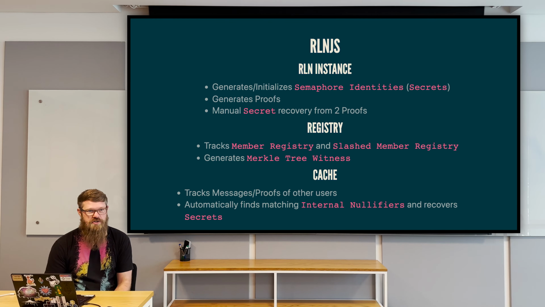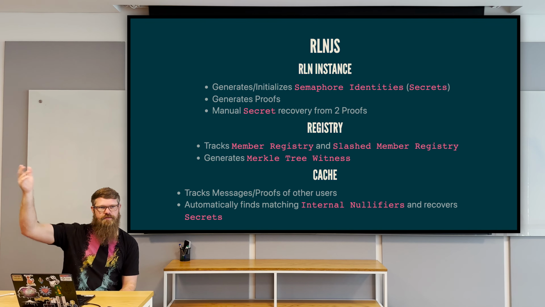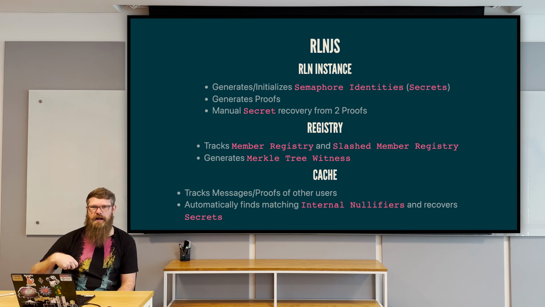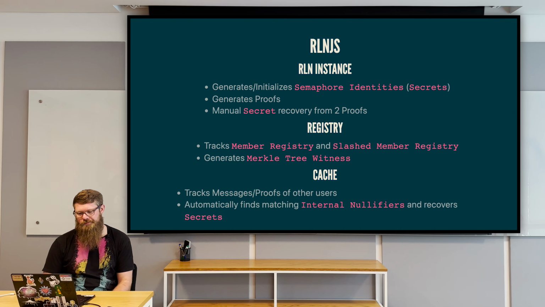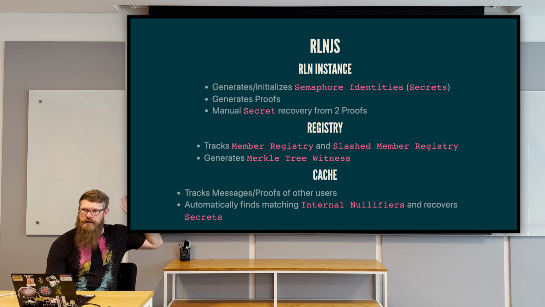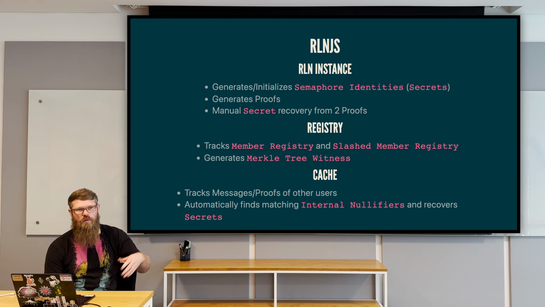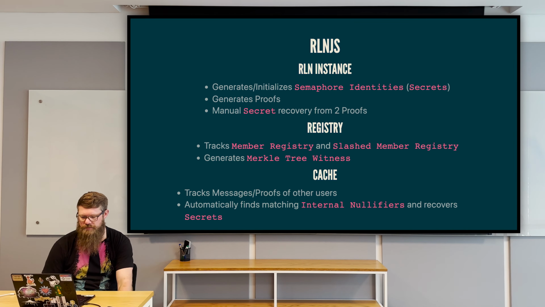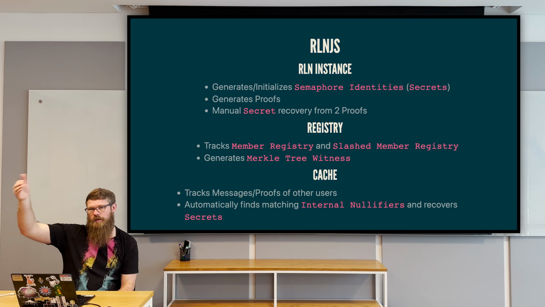Then we have a registry that mirrors whatever's on chain, so you can track and check things quicker without having to query a node. That also generates all the Merkle tree witness data for generating proofs. And then we have a cache, which tracks the last X number of epochs.